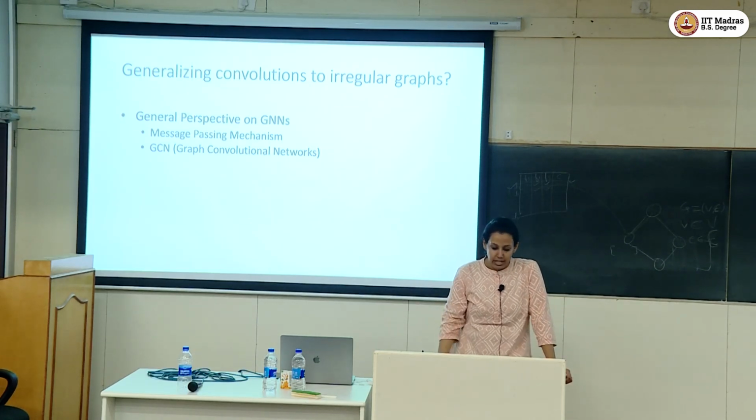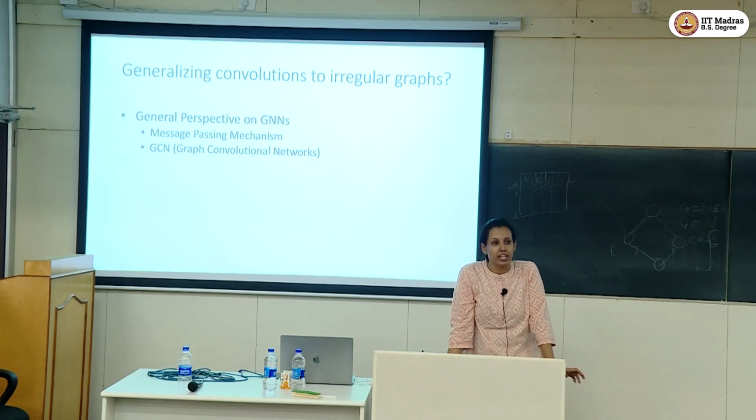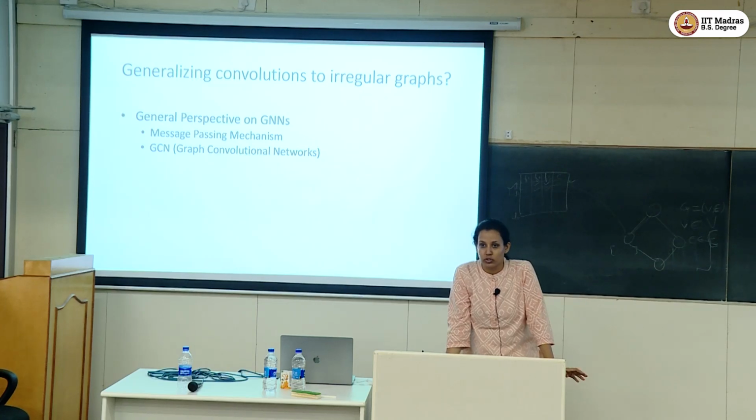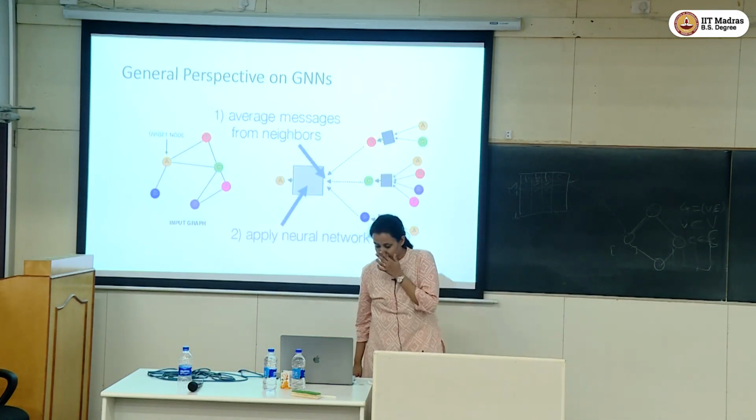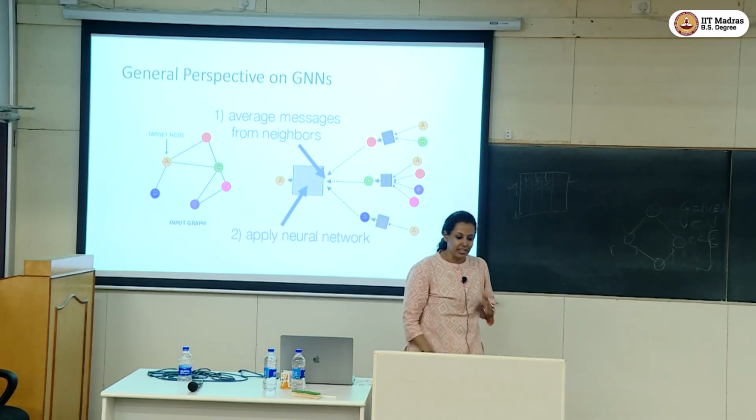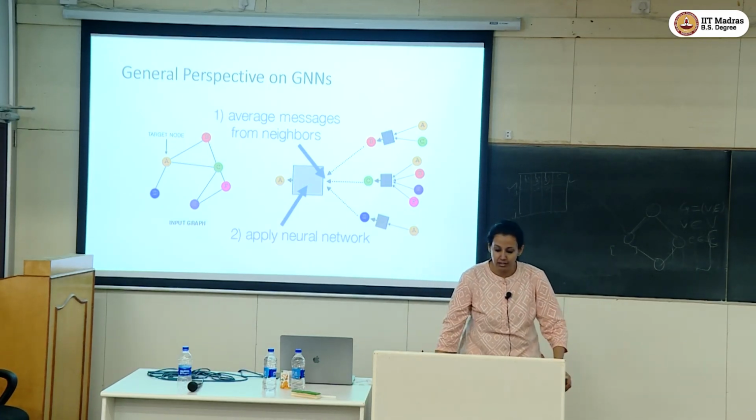Similar to that, there is something called graph convolution, and to understand graph convolution, there is something called the message passing mechanism. To perform graph convolution, we do the message passing mechanism to finally apply the graph convolution layer. Okay? Now what is this message passing mechanism? It's a very simple idea, very, very simple idea.